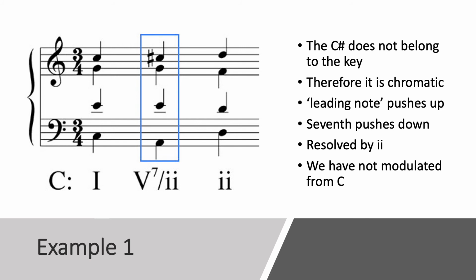It really pushes up. The seventh pushes down. So the 5-7 of 2 chord is resolved by going to 2. We haven't modulated from C, we've just introduced this secondary dominant, which is a chromatic chord. Here's another example.